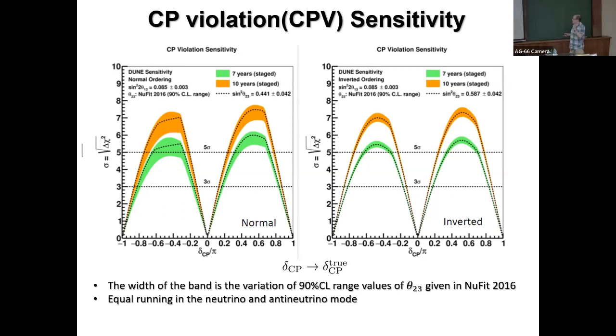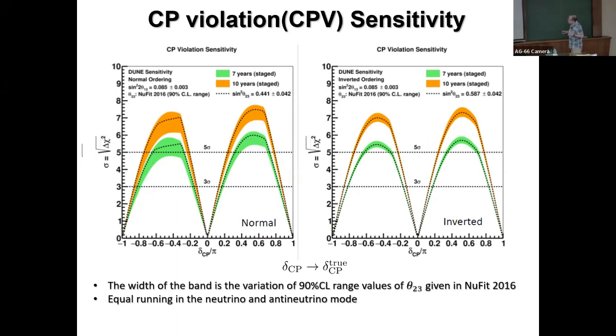And you can see clearly that, for instance, for the cases of maximal delta CP, you are going to have sensitivities or significance beyond the 5 sigma significance, which is the stamp that we can say that we have a discovery. And here you have the variations of delta CP and how the significance is varying depending on this value of delta CP.